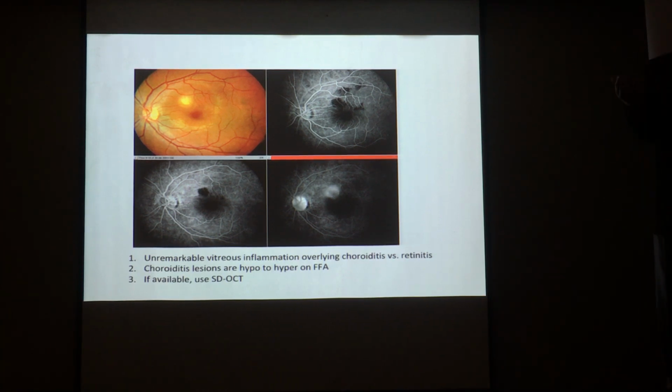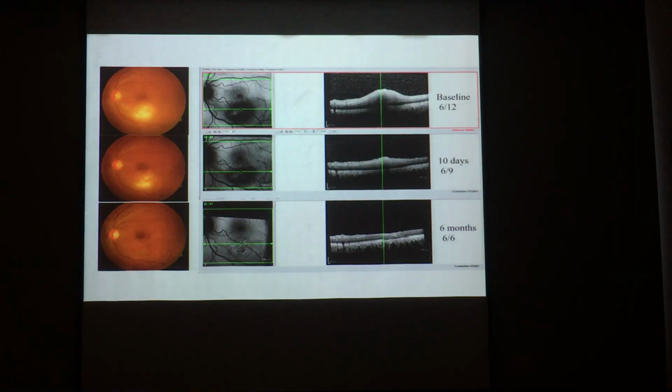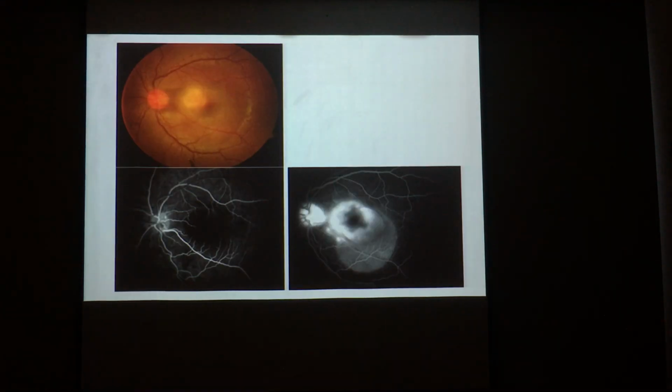HIV infection. So if there is an HIV infection and you have a TB choroidal granuloma, it's non-reactive. It will have very minimal fluid. Whereas in a healthy immunocompetent individual, it will be highly reactive, like here.